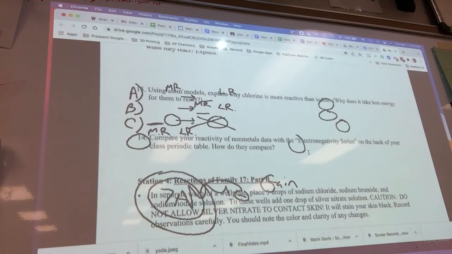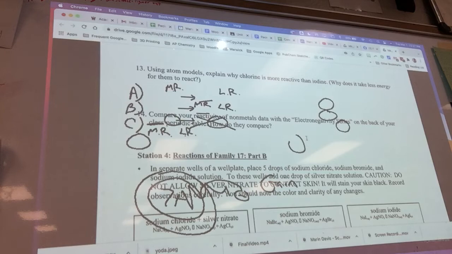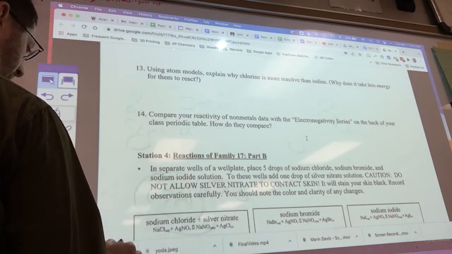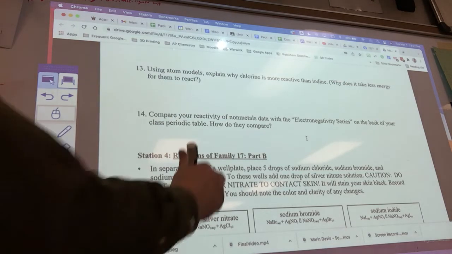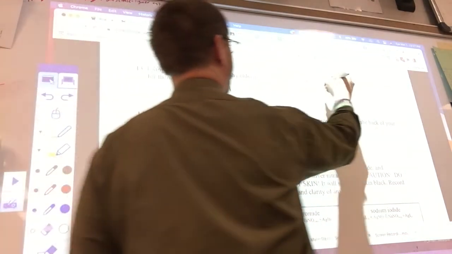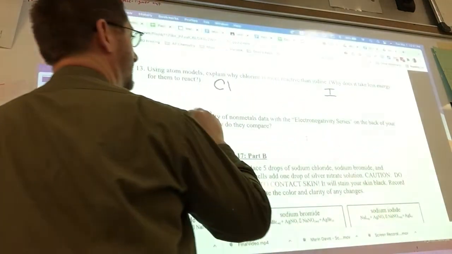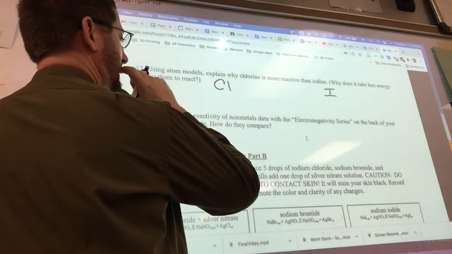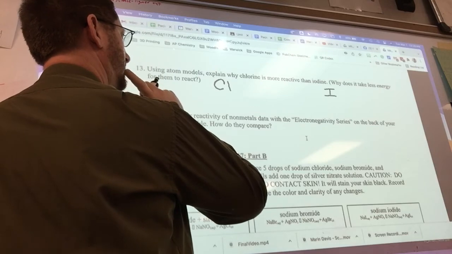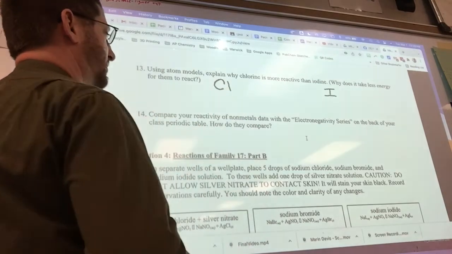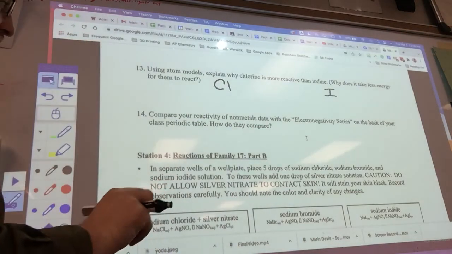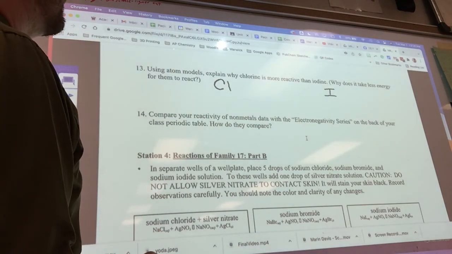Let's explain why chlorine is more reactive than iodine. Chlorine is more reactive than iodine because it takes less energy to react. Not quite. So let's get an atomic model for chlorine up here. You're on the right track. Chlorine is going to have what core charge?